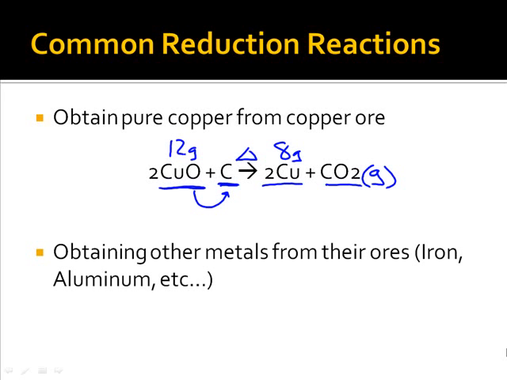Other metals are gotten from their ores this way too. Iron and aluminum are just 2 examples. You can add the energy to cause the reduction to occur either from heat. I know in the aluminum reduction process, there's typically a very high electrical current that is used in order to get that aluminum to separate from the oxygen in aluminum oxide that's in bauxite, a very common mineral, or formerly a common mineral that you could mine.